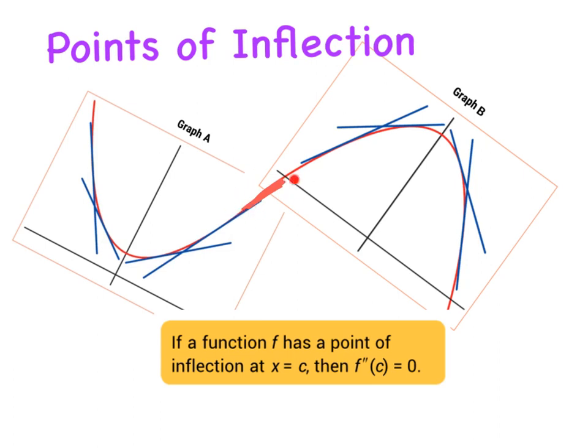So it means that from this point on, our tangent lines will no longer be below the curve, but they begin to be above the curve. So that's what a point of inflection is.